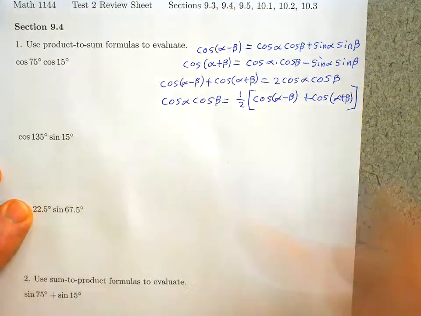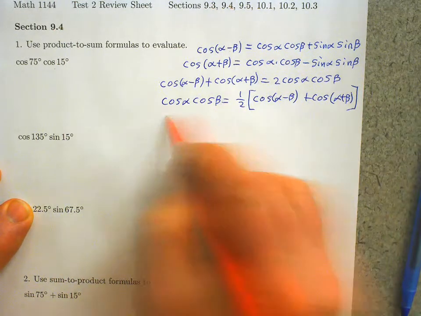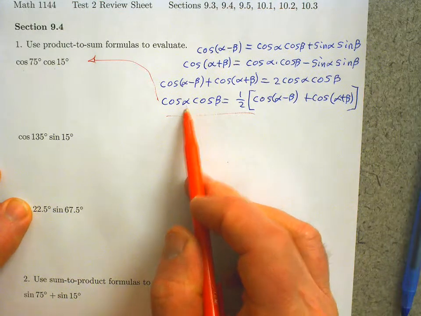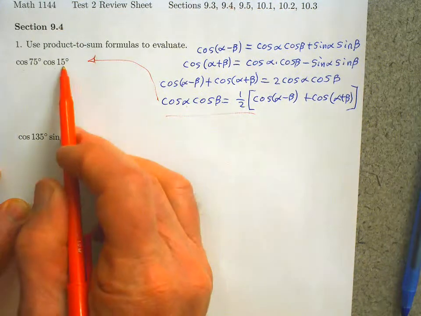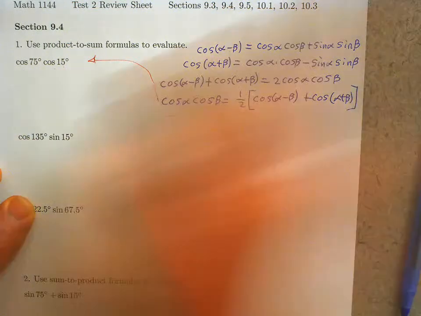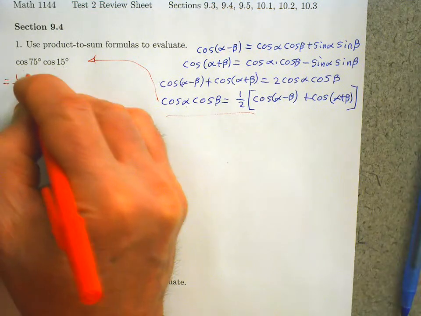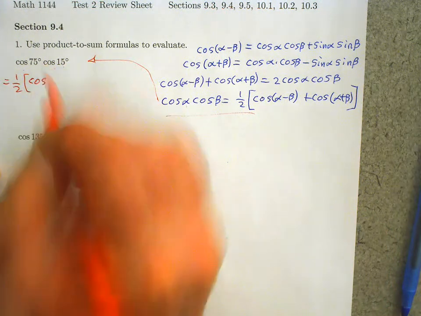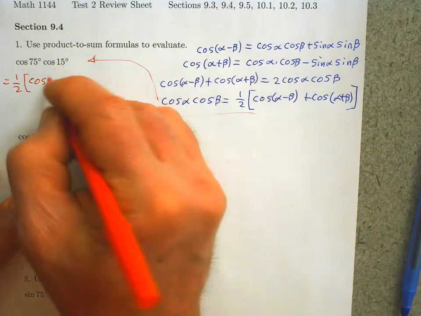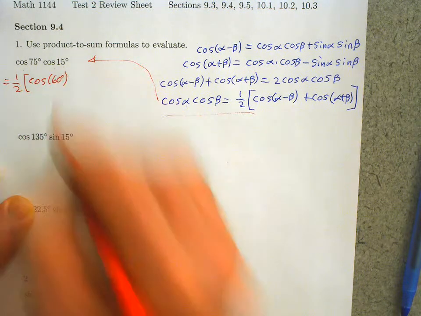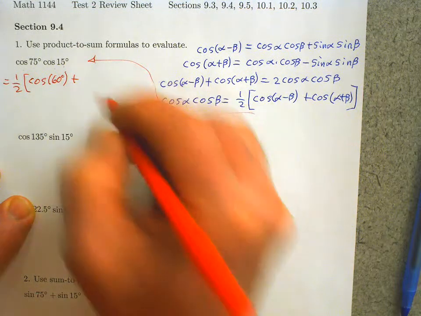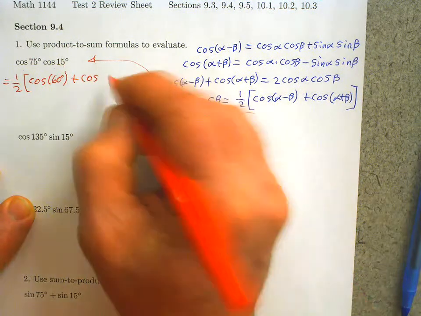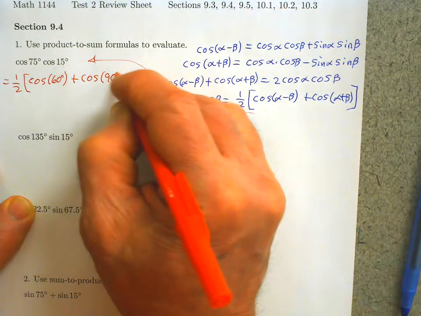Okay, so if we just use this formula for this, alpha is 75 degrees, beta is 15 degrees. So this will just be equal to 1/2 times cosine of 75 degrees minus 15 degrees, which is 60 degrees, and then plus cosine of 75 degrees plus 15 degrees, which is 90 degrees.